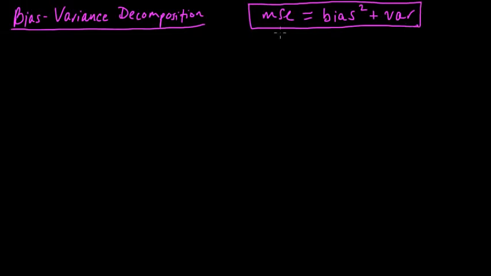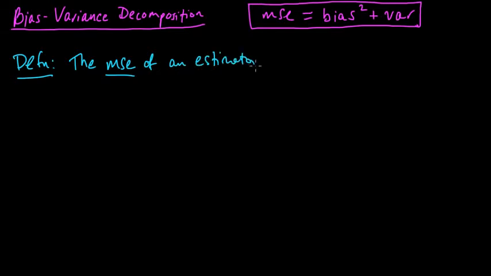And now you might say, what is this MSE thing? You haven't defined the MSE. And so let's define it. The mean squared error, MSE, of an estimator theta hat, and remember, an estimator is always some function of the data.